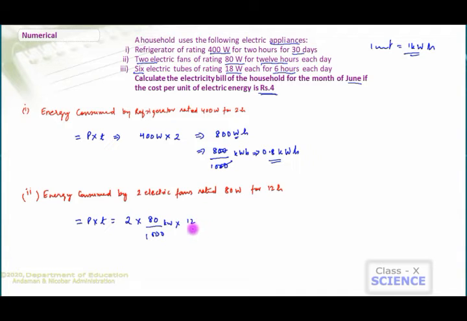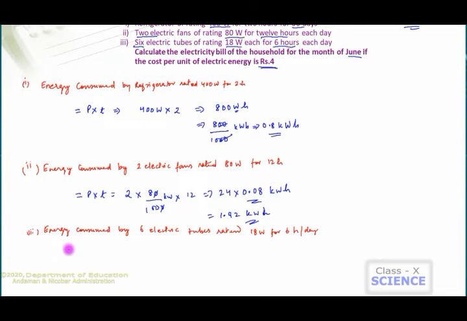So upon solving this, what we get here get cancelled, so here we will get 2 12s are 24 into 0.08 kilowatt hour. So upon solving this, we will get 1.92 kilowatt hour.